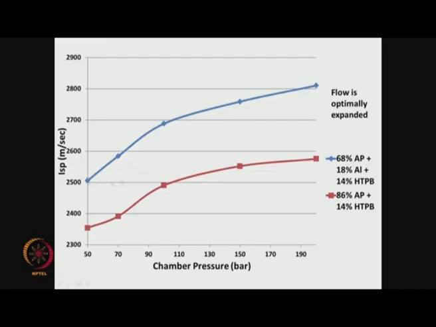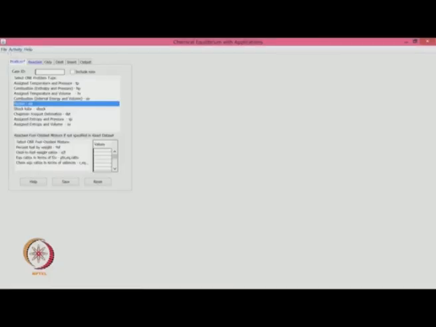It is very obvious from this graph that for an aluminized propellant the ISP is always higher, because with the aluminum combustion the chamber temperature is always higher, and therefore you get a much better ISP compared to a non-aluminized propellant. Also both of them tend to increase with increase in pressure.